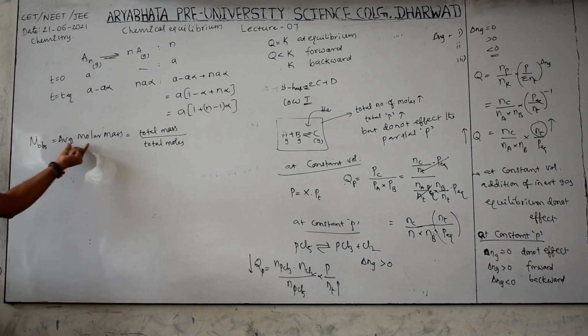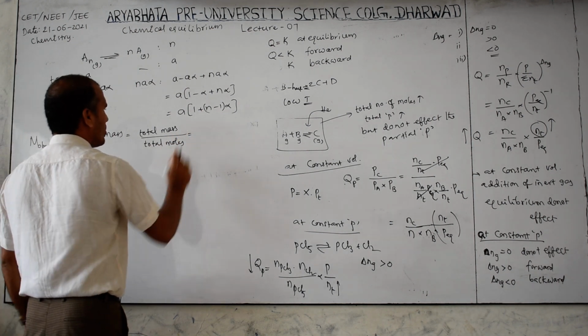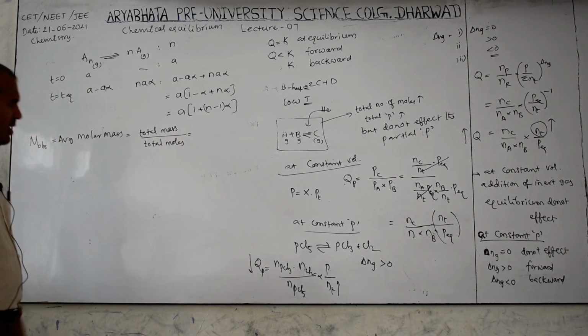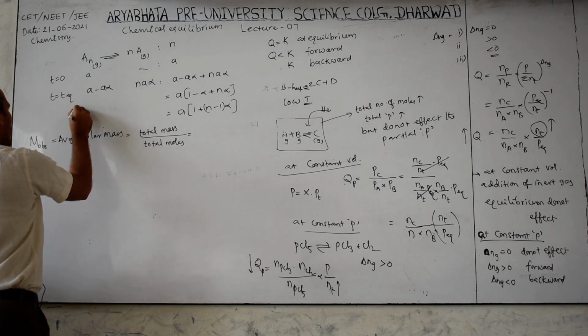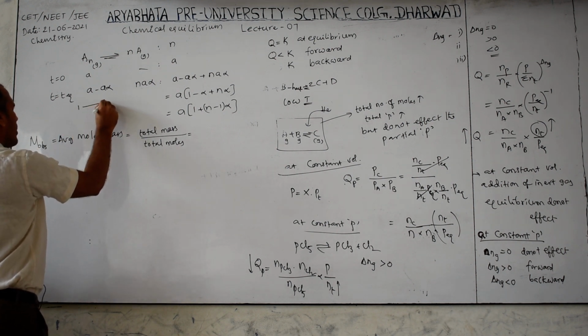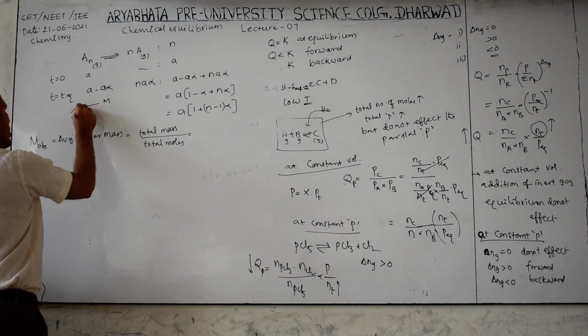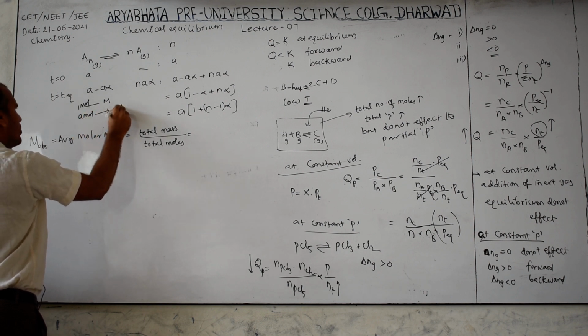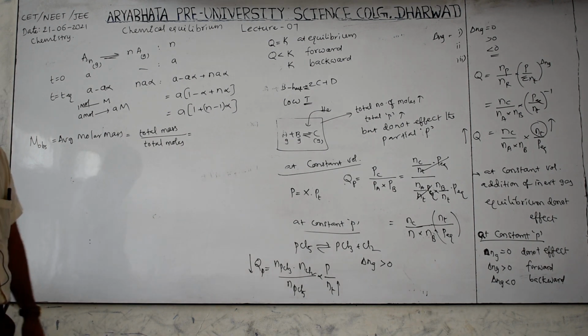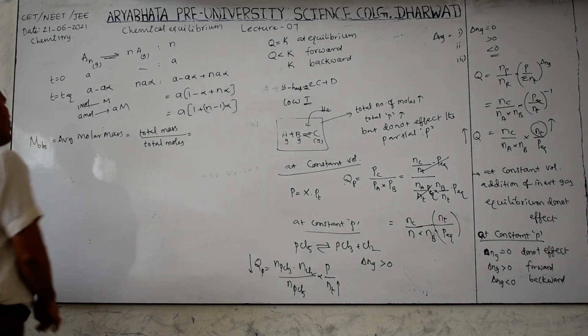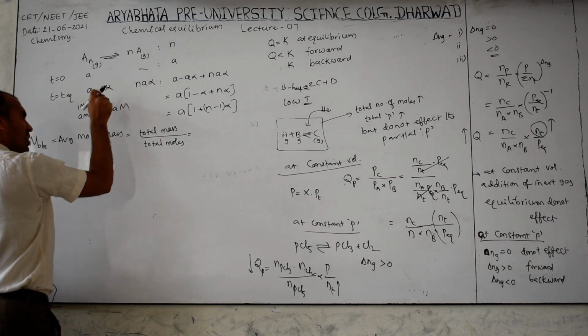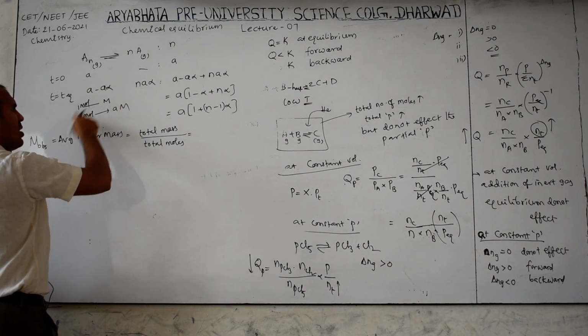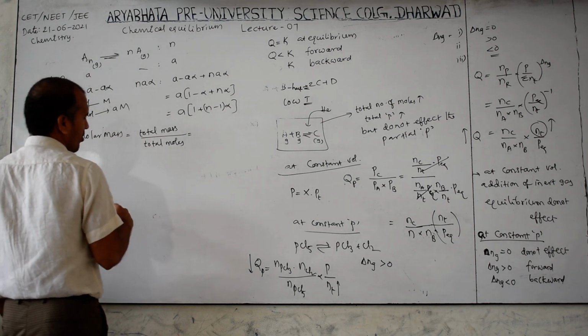How do we calculate total mass? For 1 mole, the mass is m. For a moles, it is a into m. So the total mass is a into m.